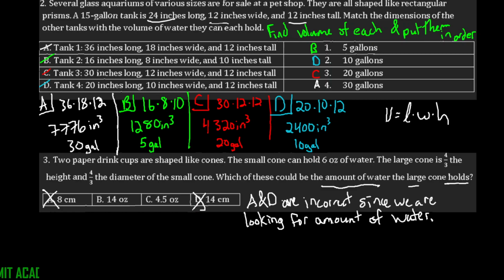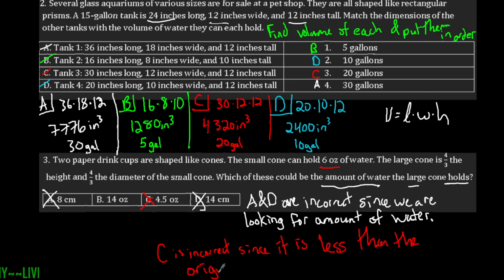And then we can also say that, hey, since the small cone is 6 ounces, we're looking for something that is larger, so we're going to say C is incorrect since it is less than the original amount.